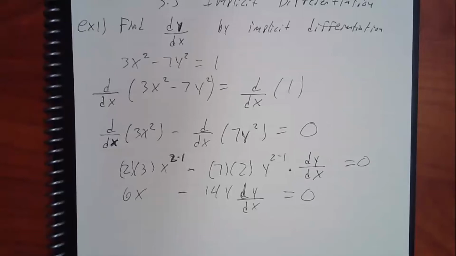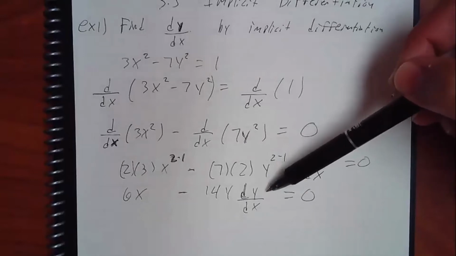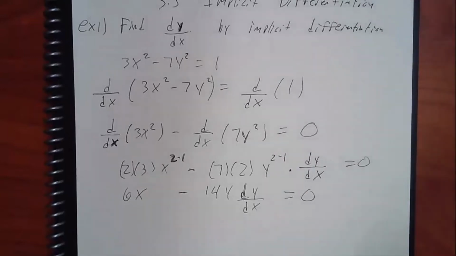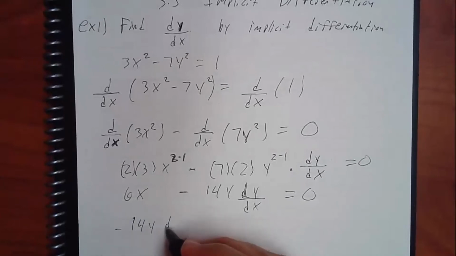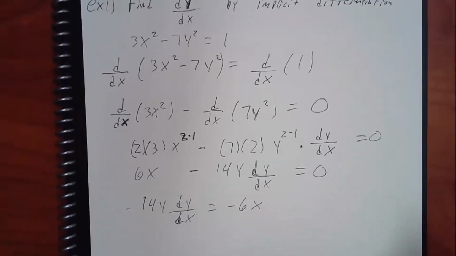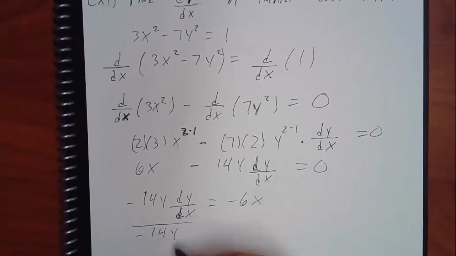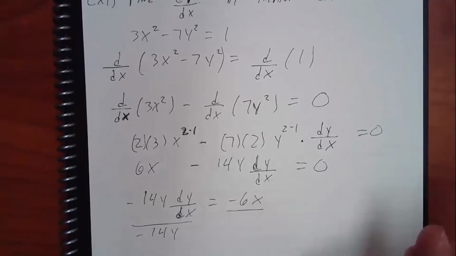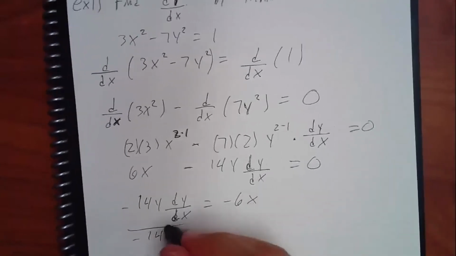So at this point, they said find dy dx, so isolate this and you'll be done. So I'm going to subtract 6x over. Divide both sides by -14y. Yeah, let me show that in the next step. Otherwise, it looks messy.